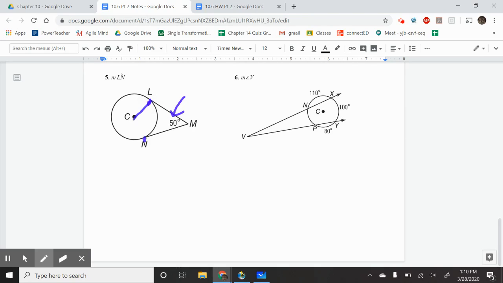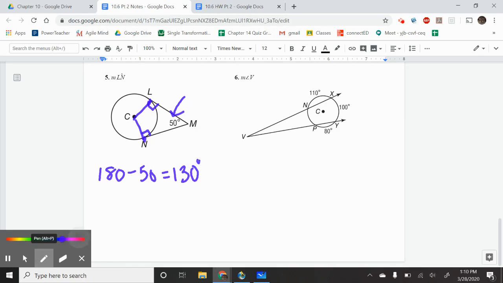If you draw in two radii, just like we did at the beginning of the lesson, we know that the radii are perpendicular to the tangents at the point of tangency, and those two angles have to be 90 degrees. So that leaves us with 180. So I'm going to take 50 away from 180, and that gives me 130 degrees. So I know that this arc is 130 degrees. Also, the central angle is 130 degrees.